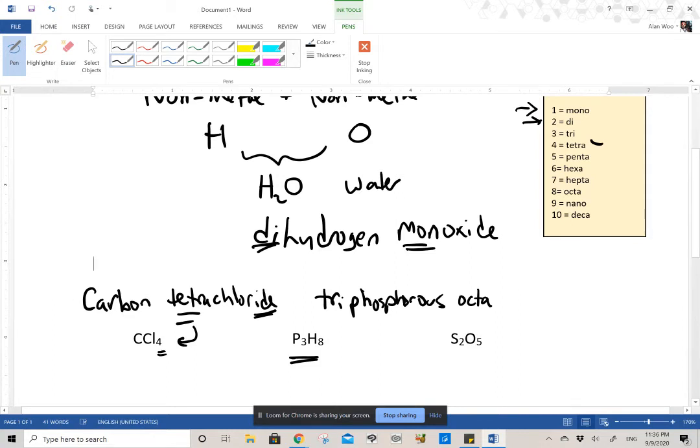H is hydrogen, but we don't use the full name hydrogen. We just use the root name, hydro, and then drop the ending and put in ide. So hydrogen becomes hydride. So this will be triphosphorus octahydride.